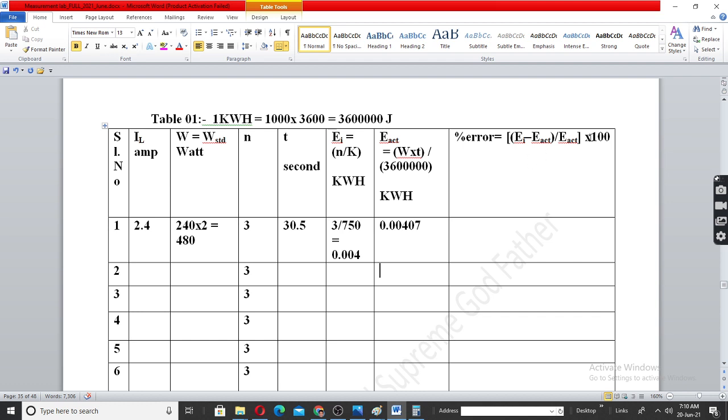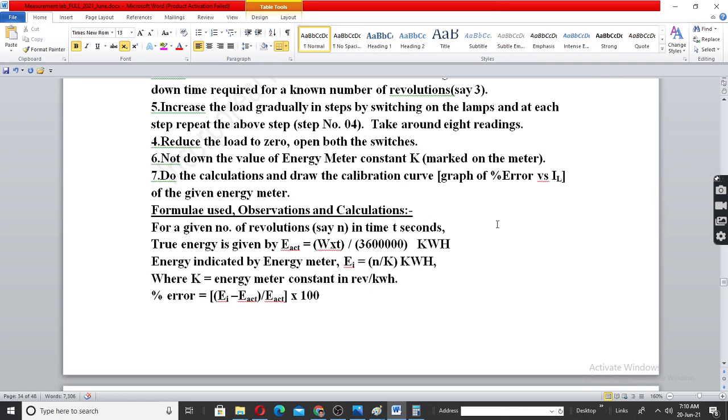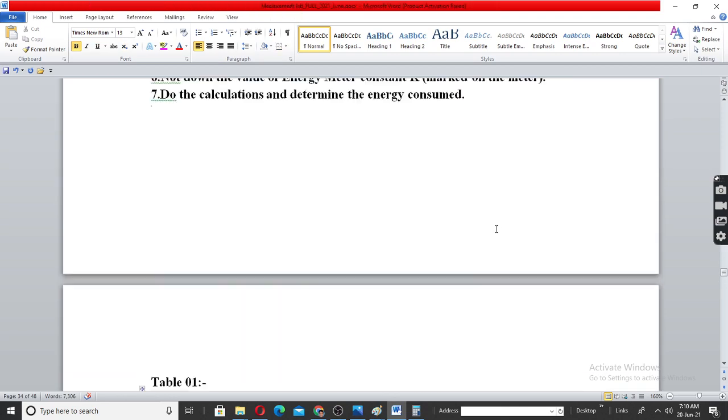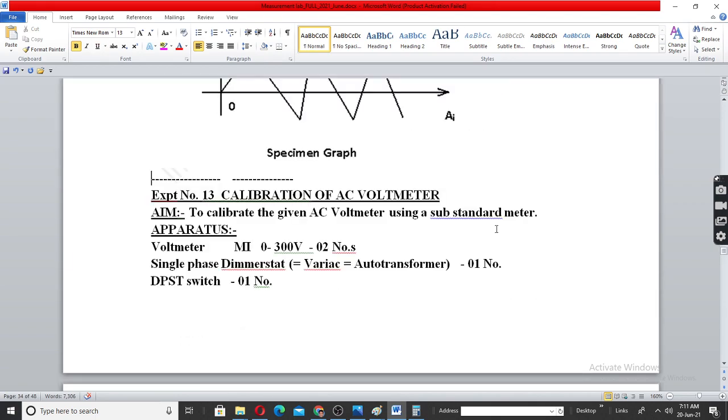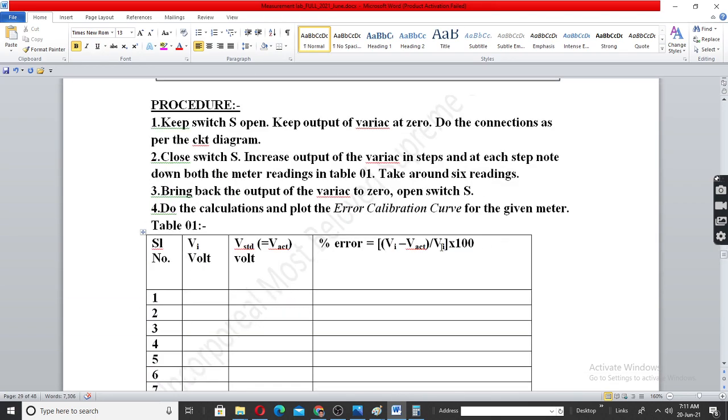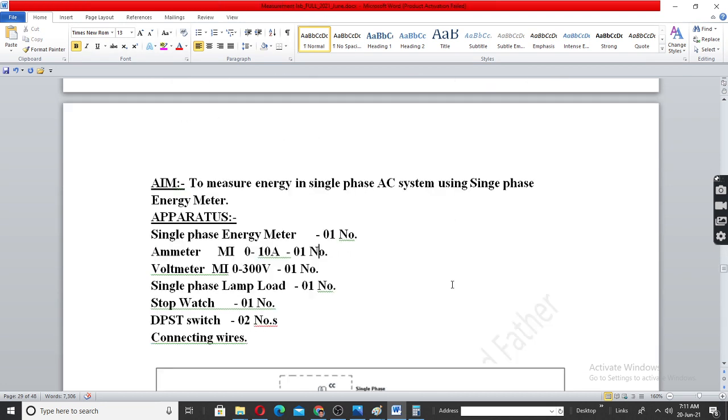Some books mention the denominator as the actual or standard value, but some books show it as the indicated value. That is why here I have written E_I, not actual. The numerator is the same, indicated minus actual, but in the denominator some books use the indicated value as reference, some the calibrated value. It is left to you however you want.